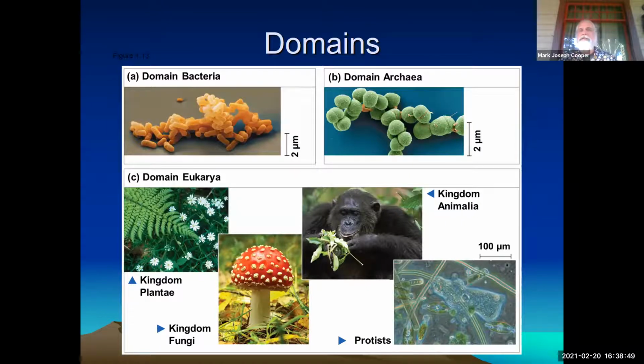There's the domain bacteria. At one time that was actually called the kingdom Monera, an old term that they used. Both bacteria and the domain archaea were under that, and this is what Carl got separated.